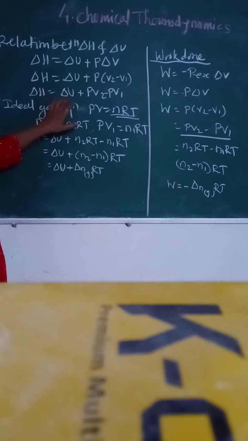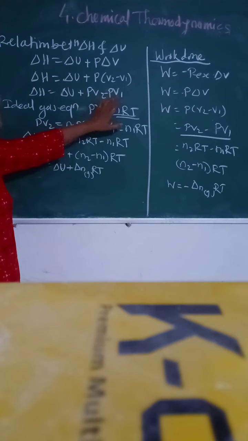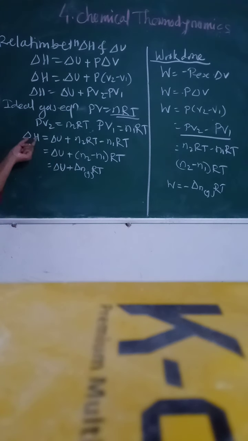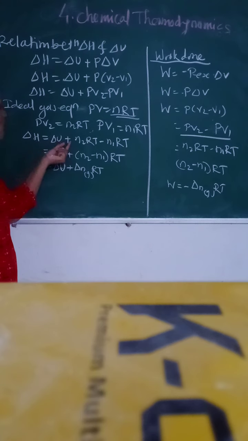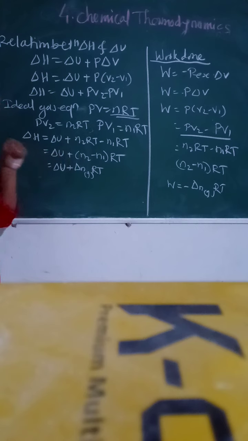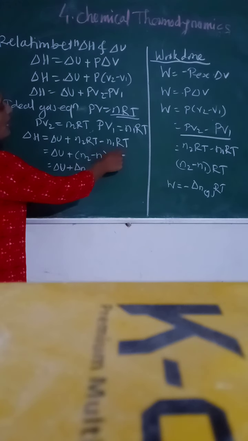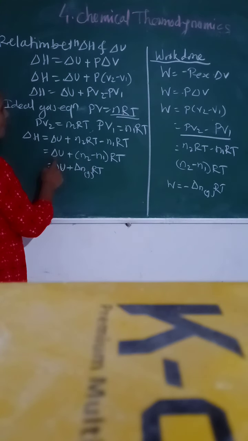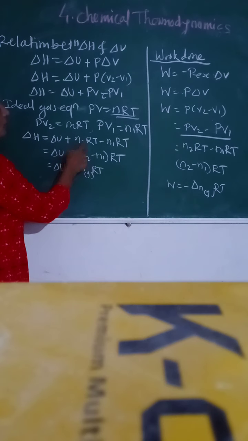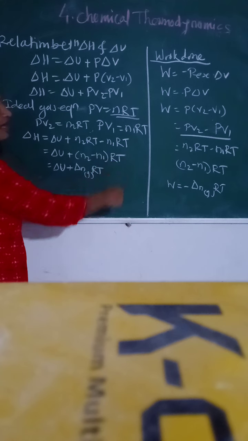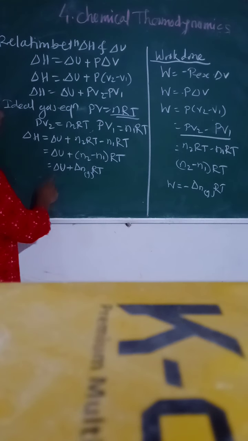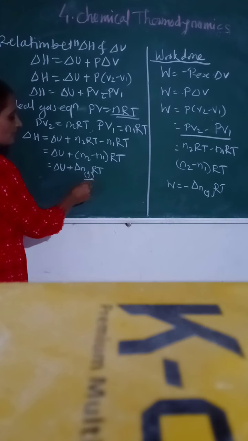Putting PV2 and PV1 in the equation, delta H is equal to delta U plus n2RT minus n1RT. Taking RT as common, delta H is equal to delta U plus delta n for the gas phase.